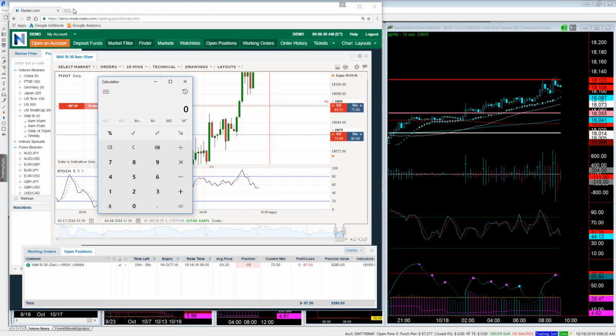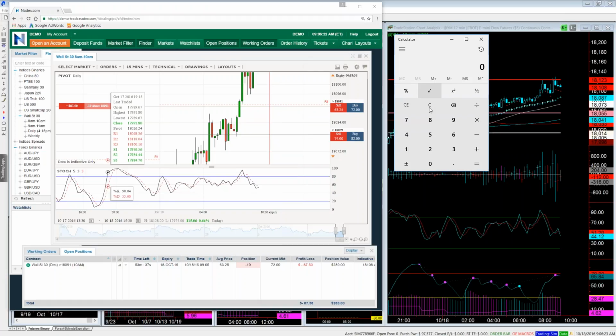Again, because you're short, this is an easy way to calculate where your profit target would be. You're risking $36.75 per contract. Your entry price was $63.25.